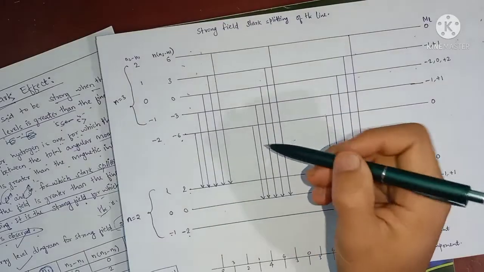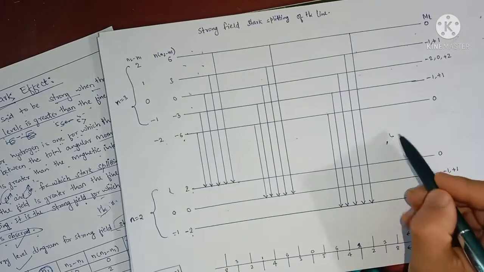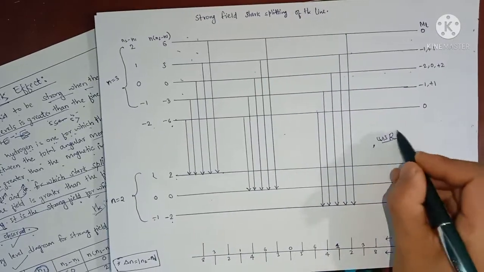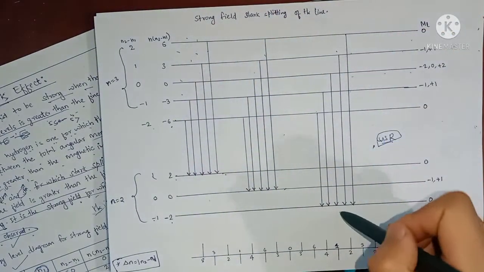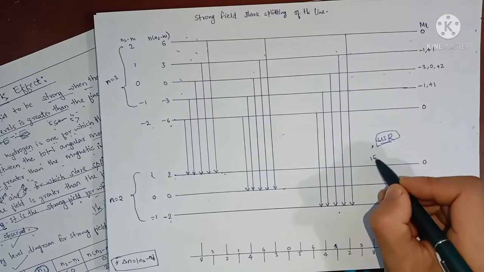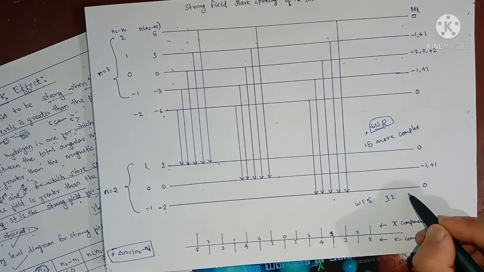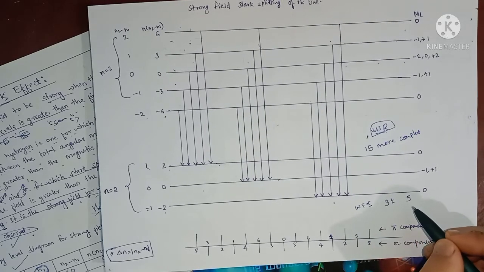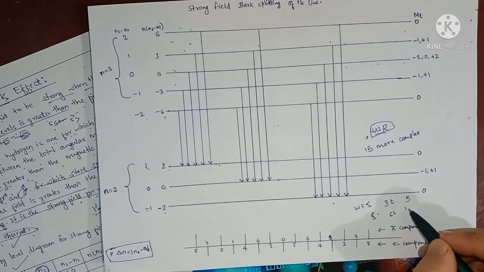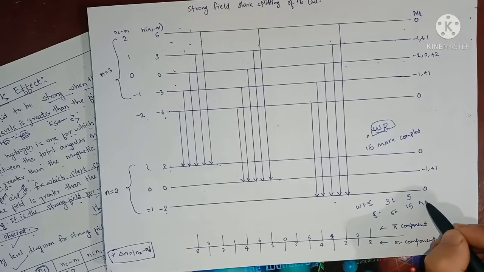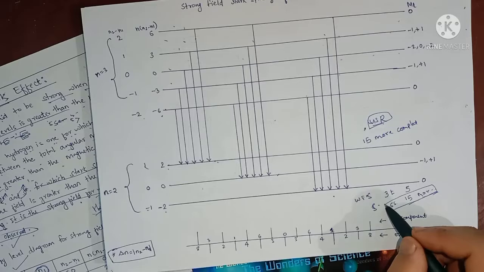Using the selection rule, we find the transitions from higher to lower energy level, which split into 15 component lines in the strong field effect. So this also allows the Stark phenomenon.